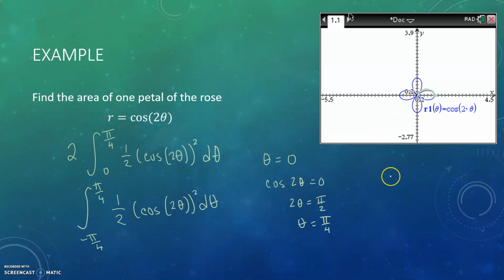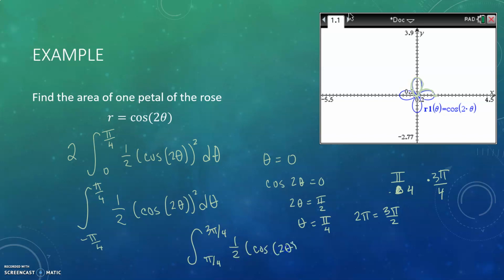Or we could go from pi over 4 until the next time we're at 0, which would be when 2 theta is equal to 3 pi over 2. So we could sweep out from pi over 4 to 3 pi over 4. And all of these would give us the area of just one petal of the rose.